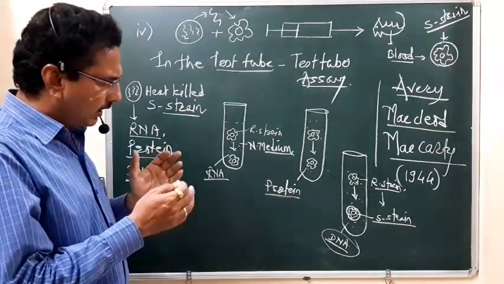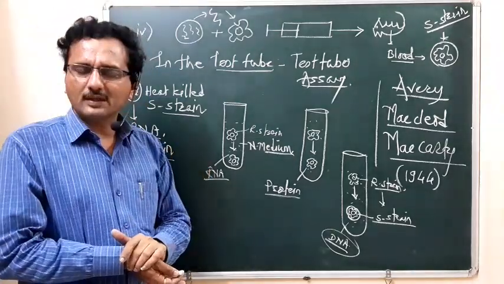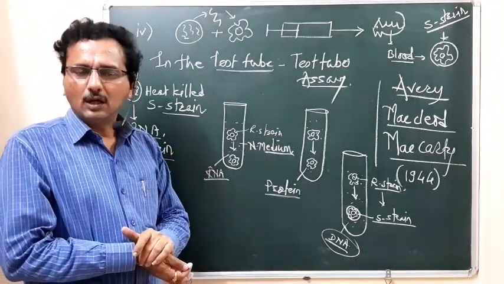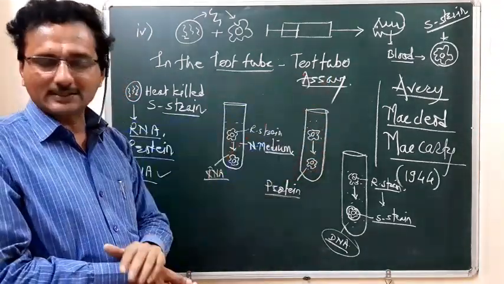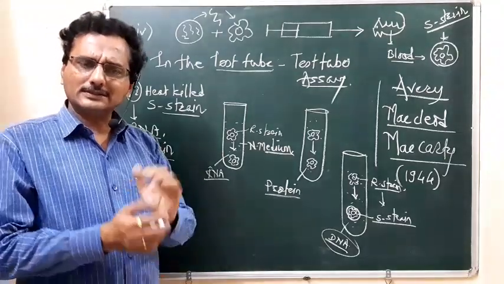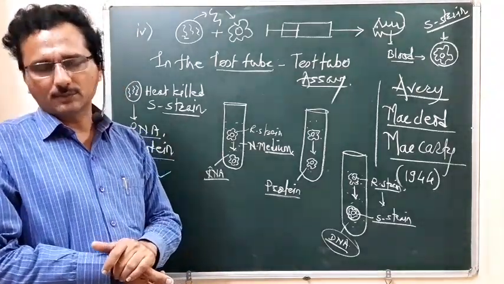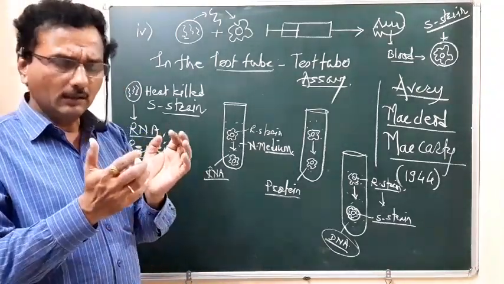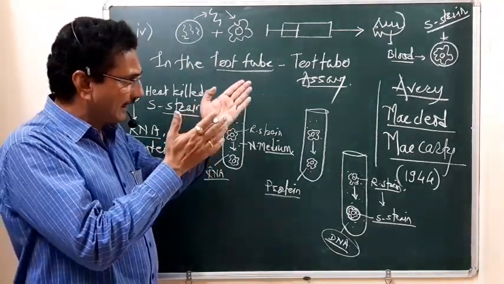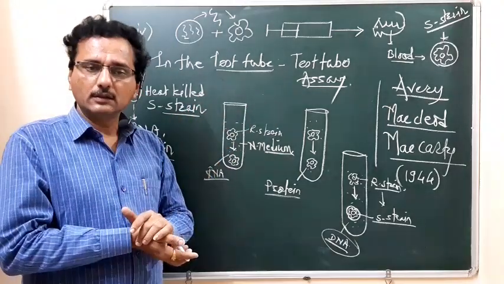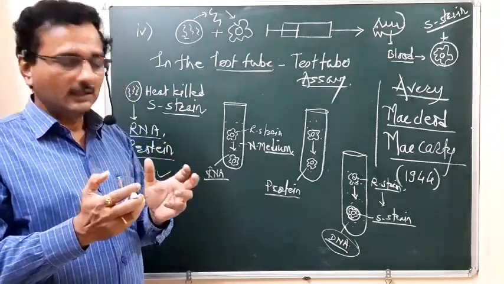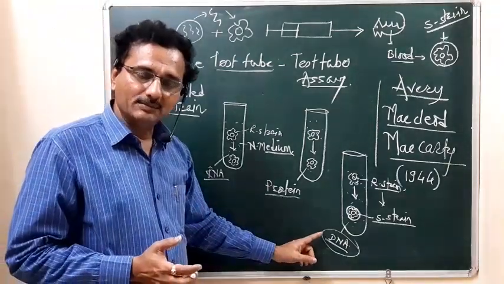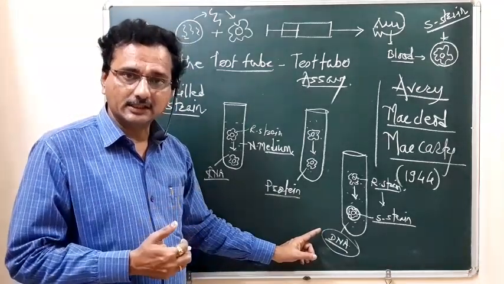But with respect to the result obtained by the group of three scientists, the other scientists were not convinced. Avery, MacLeod, and McCarty had to give proof that the DNA acts as a genetic material.